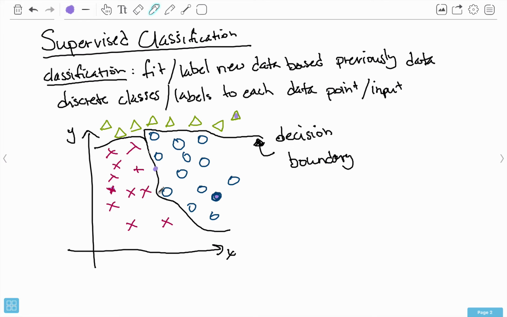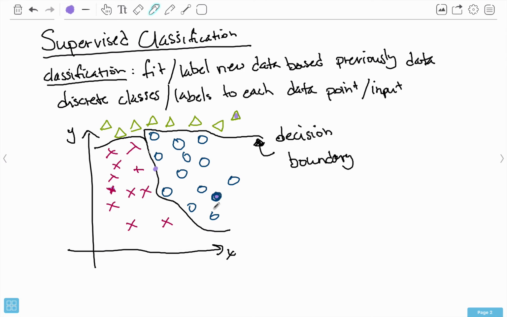Then it's not so obvious whether it is a blue circle or a red X. And so there's some inherent confidence value or some measure that says, I think this is a blue circle with this probability. Even the points that we were classifying here, it seems kind of obvious that around them they're blue circles, but there's some inherent uncertainty about this.